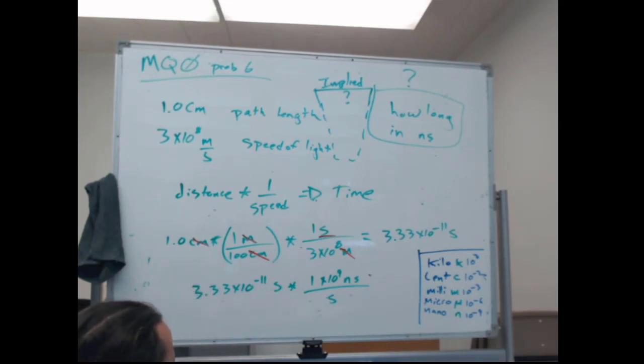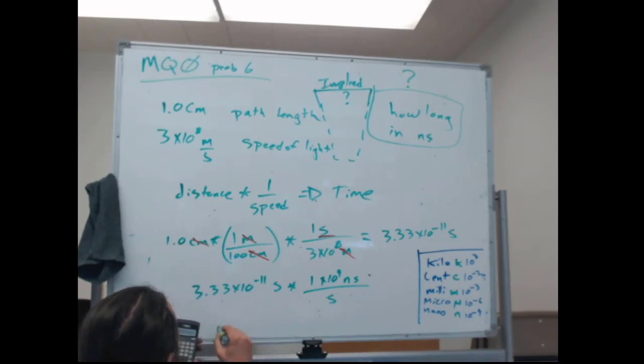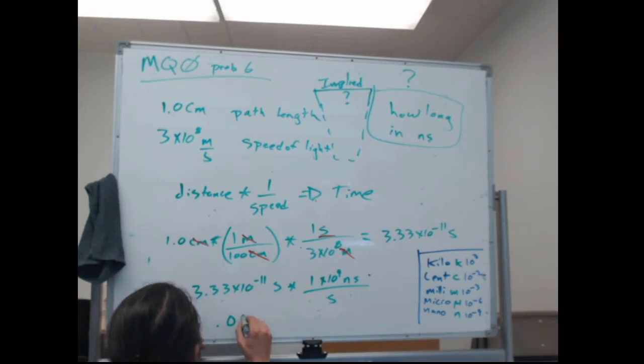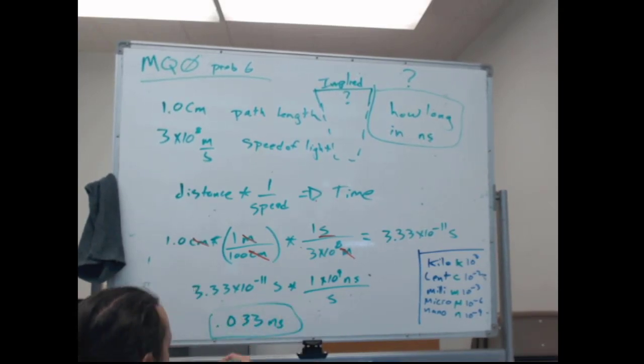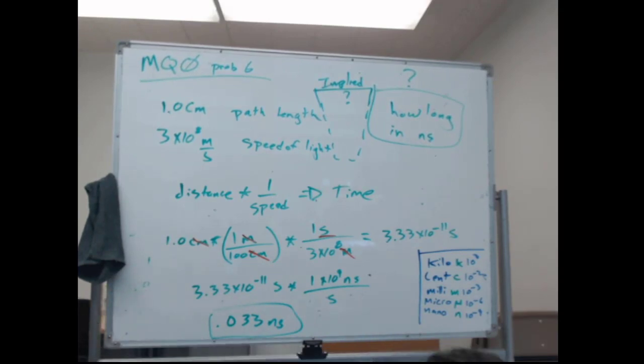So now that we make sure we've got that information, we can go ahead and do our calculation to get us into nanoseconds. And we get an answer of 0.033 nanoseconds. So it's a very short amount of time, which is not surprising given that light is the fastest thing that exists.